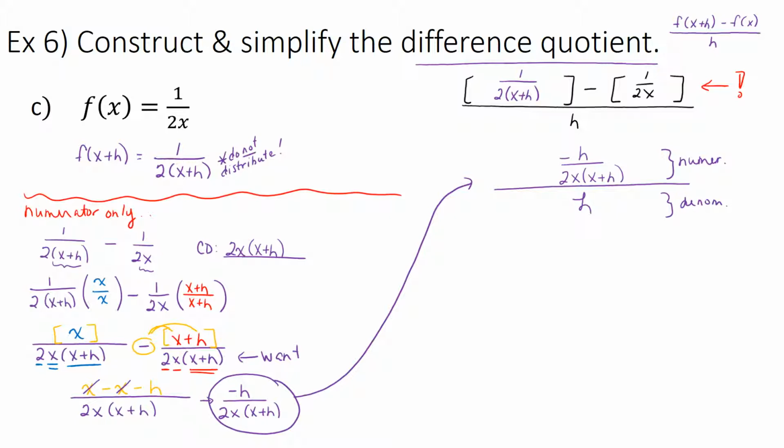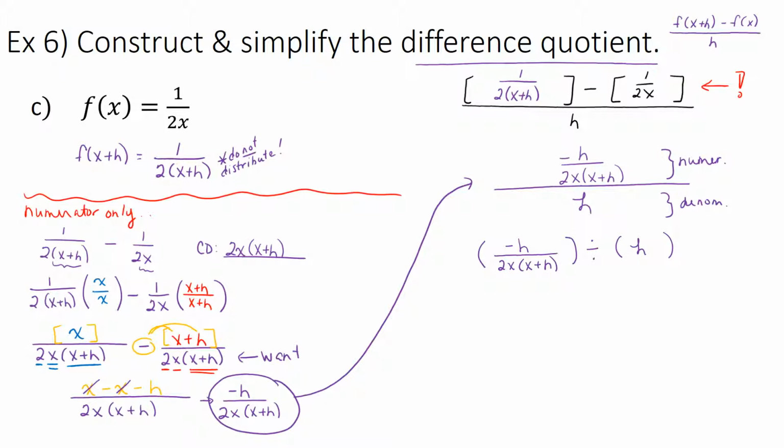So our approach is to rewrite this division. Instead of vertical, we're going to write it horizontal, meaning I'm going to write my numerator divided by my denominator. And in this case, my numerator was negative h all over 2x times (x plus h). My denominator is an h. For some reason, just writing it that way looks nice.